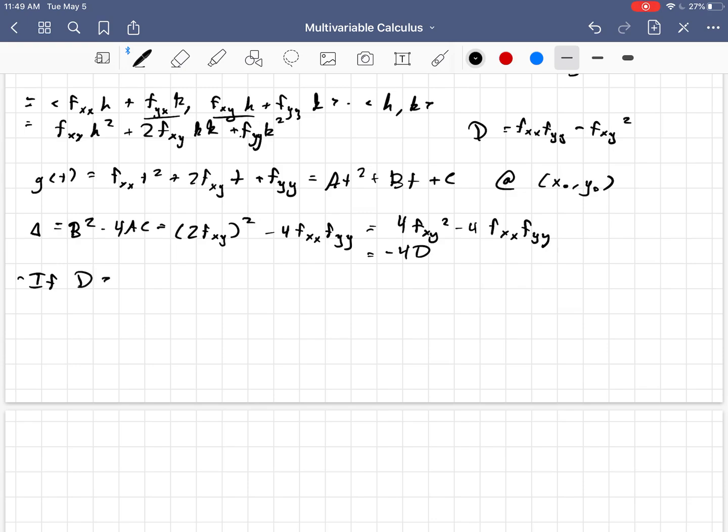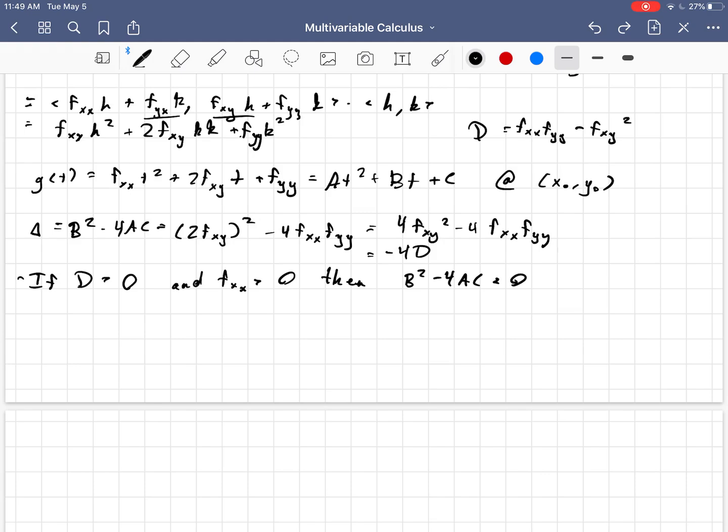So now we've got some cases to consider here. If d, our differential operator, is greater than 0, and f sub xx is greater than 0, then since d is greater than 0, the discriminant b squared minus 4ac would be less than 0, because we have this -4 out front here.